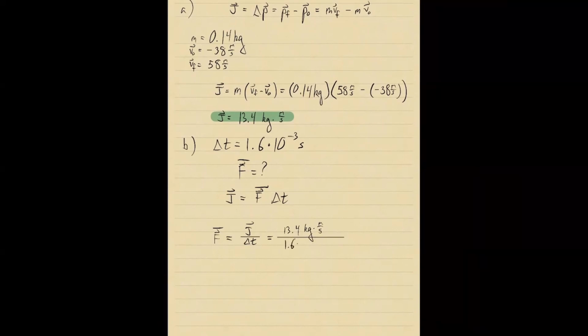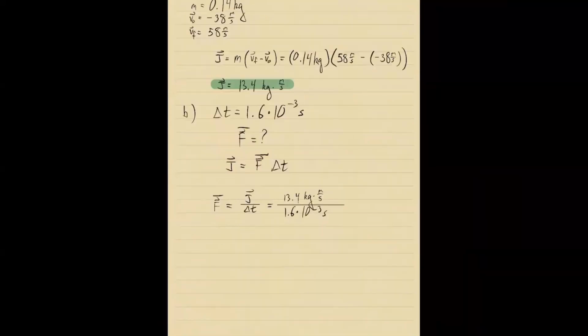It's 1.6 times 10 to the negative 3 seconds, so 1.6 milliseconds. And this gives us an average force being applied to our ball of 8,400 newtons. So this is the answer to part B.